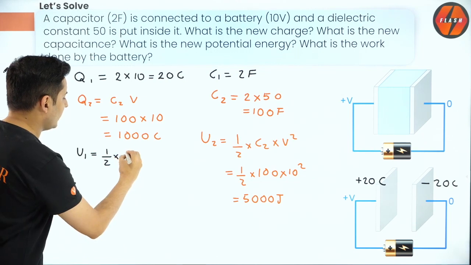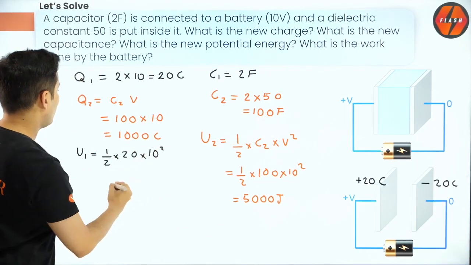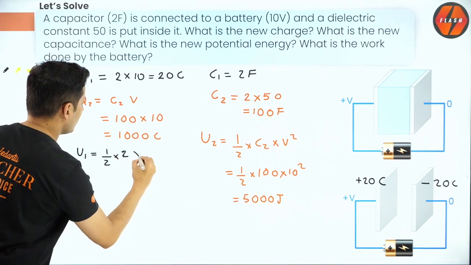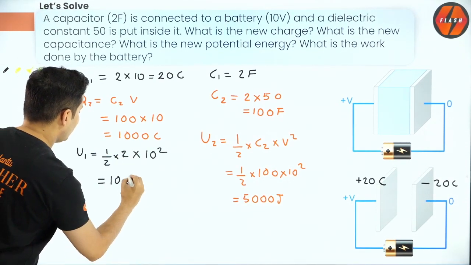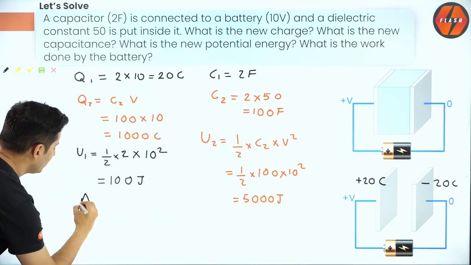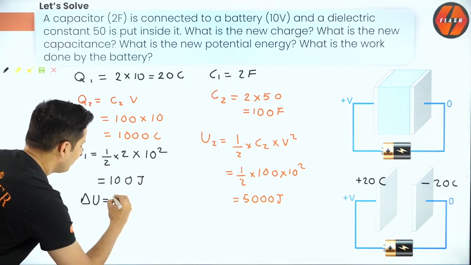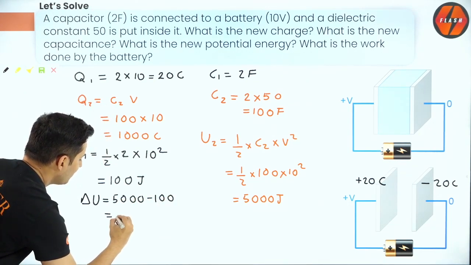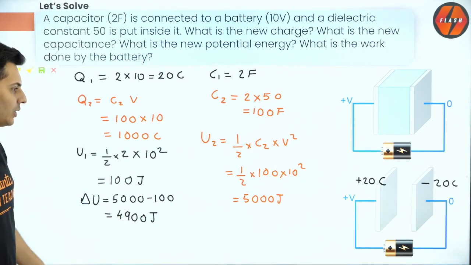The old C was, sorry, not 20, my bad, it was just 2. So that is just 100 joules. So the change in the potential energy is U2, which is 5000, minus 100, which is 4900 joules.